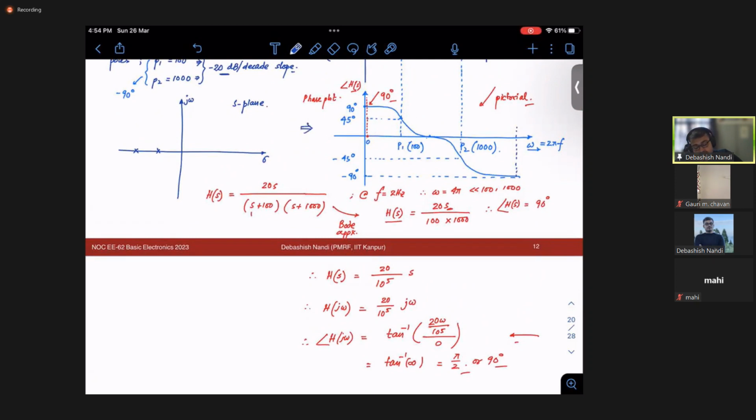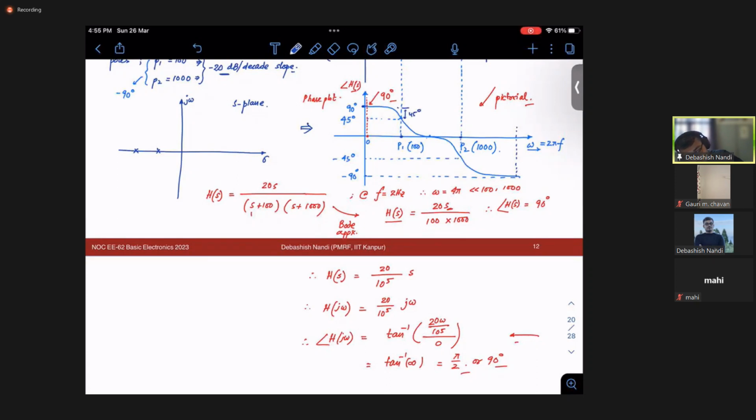I mentioned that at pole locations, you will have a reduction of minus 45 degrees of angle, right? And the net reduction would be 90 degrees, but at the pole location, you will have a drop of 45 degrees, right? See, this was 0, this was 90 degrees, and there is a drop of 45 degrees, right?